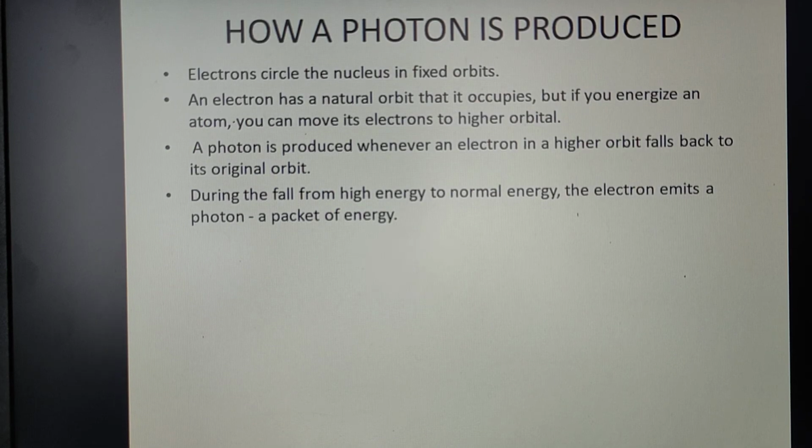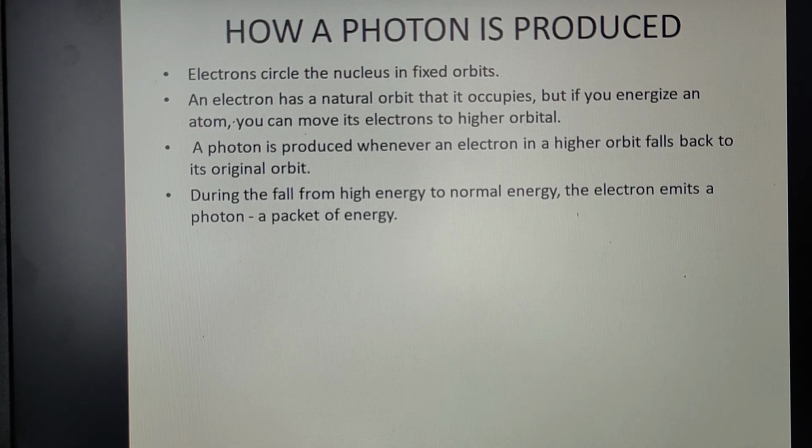How is a photon produced? Now, you have done in chemistry, the electrons revolve around the nucleus. So consider the same type of setup for a photon. Electrons circle the nucleus in fixed orbits. An electron has a natural orbit that it occupies, but if you energize an atom, you can move its electrons to a higher orbital.